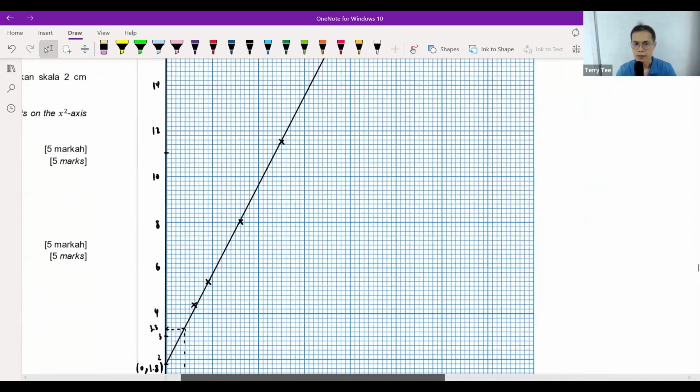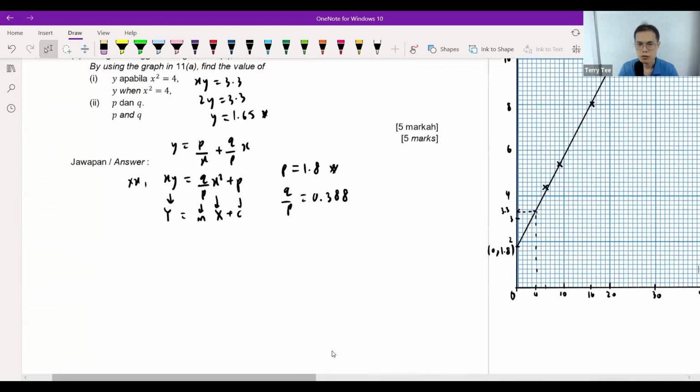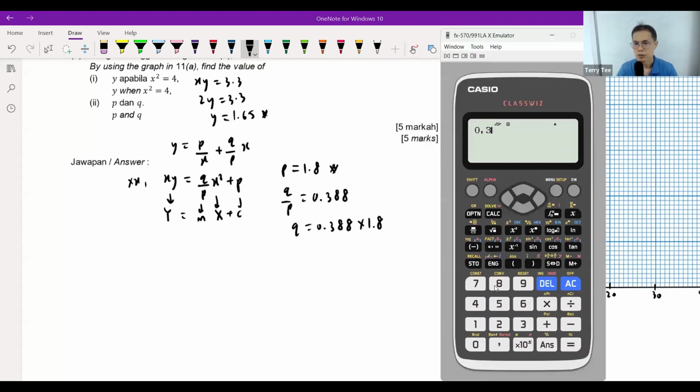So I'm going to find the value of Q. Q is 0.388, substitute p inside, 1.8. 0.388 times 1.8, your Q is 0.6984.